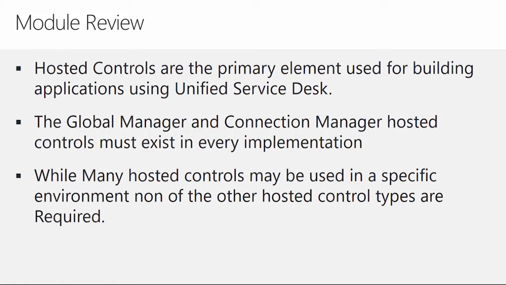That's the stuff that's going to control how events are fired and how navigation rules are fired. That's really the global context in regards to how the application is going to work. The remaining hosted controls are really used for specific functionality. So it's up to you to determine what specific hosted controls are going to work best for you based upon the type of environmental implementation that you're doing. And then you just go in and pick and choose the ones that you want to use accordingly.